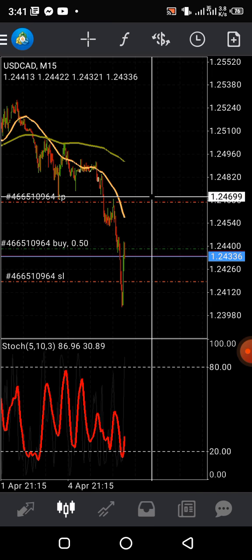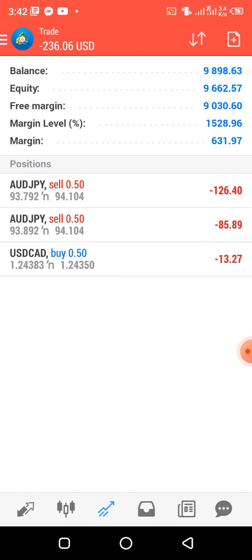We'll pick it above here because I want this other trade to close first before I'm into a sell market. So a sell limit is like a reversal to me because this trade is going to have to go bullish and take up my sell limit before it starts going back in the bearish direction. So 1.24699, USD CAD.